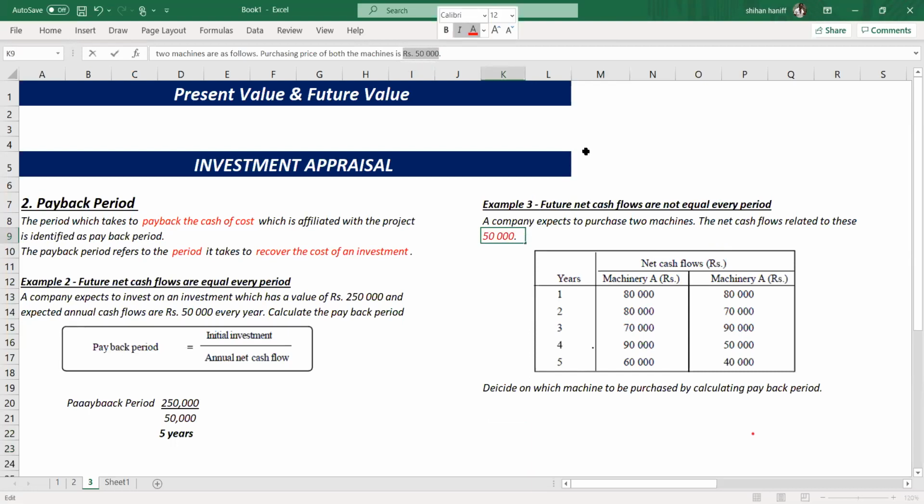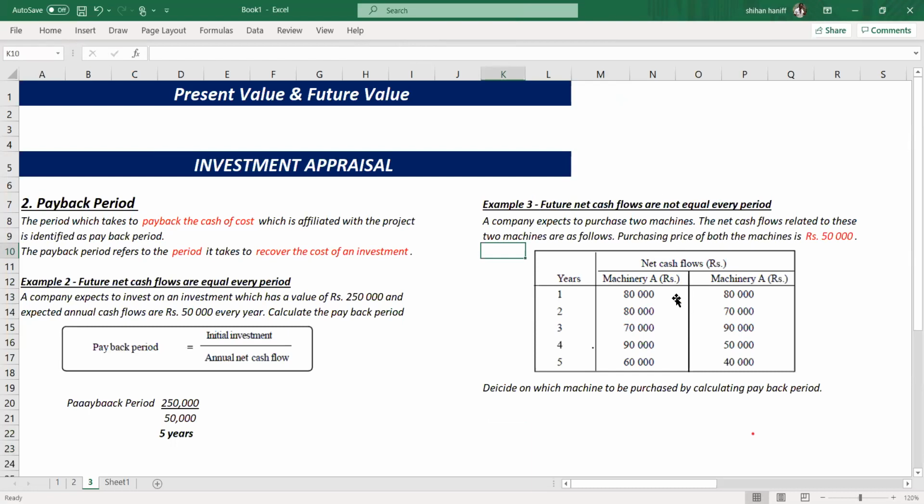Investment is the same, 50,000. Wait, not 50,000, it should be 300,000.